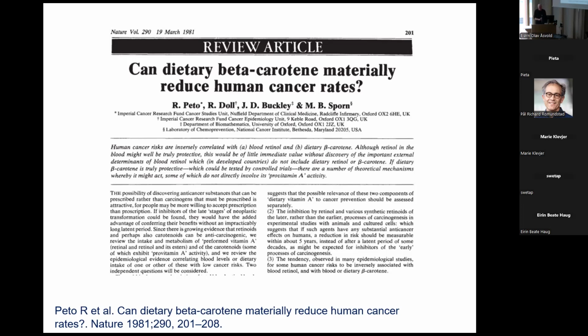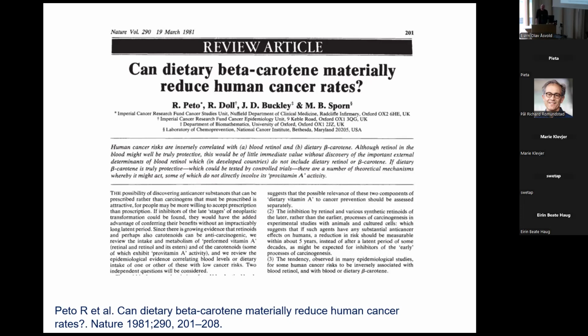There was a sort of natural experiment in Brazil where some people were getting oil that contained high levels of beta carotene. There was animal experimentation, there were cellular studies, etc. And they put all the evidence together. They said that there was enough evidence to justify randomized trials of beta carotene.